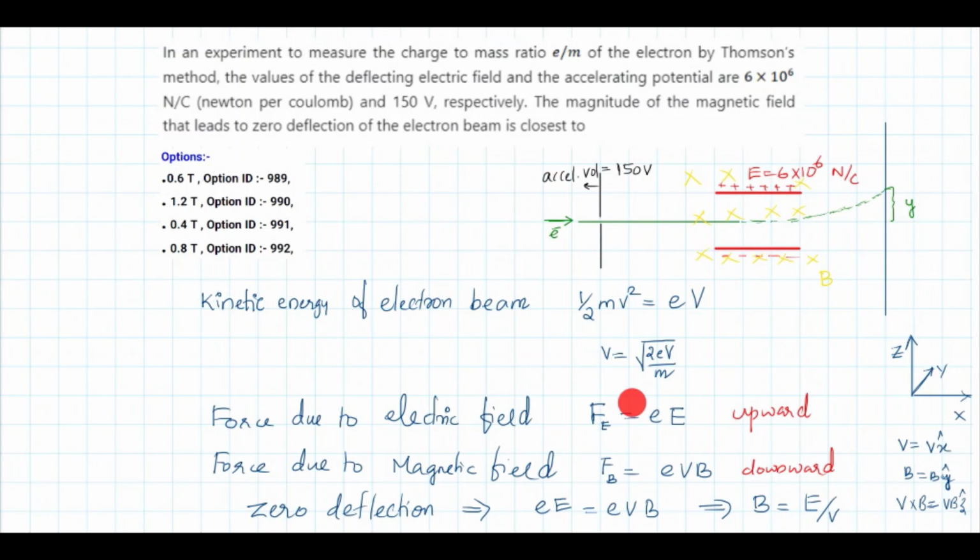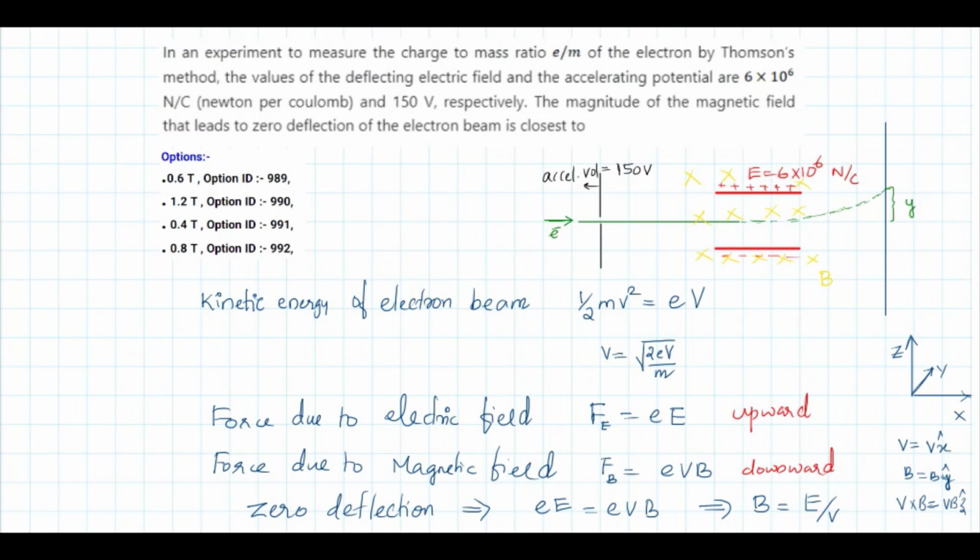If we apply both these fields simultaneously, then the combined forces will cause a deflection. If the force due to the electric field and the force due to the magnetic field are exactly equal and opposite, then the deflection will be zero. That is the idea.